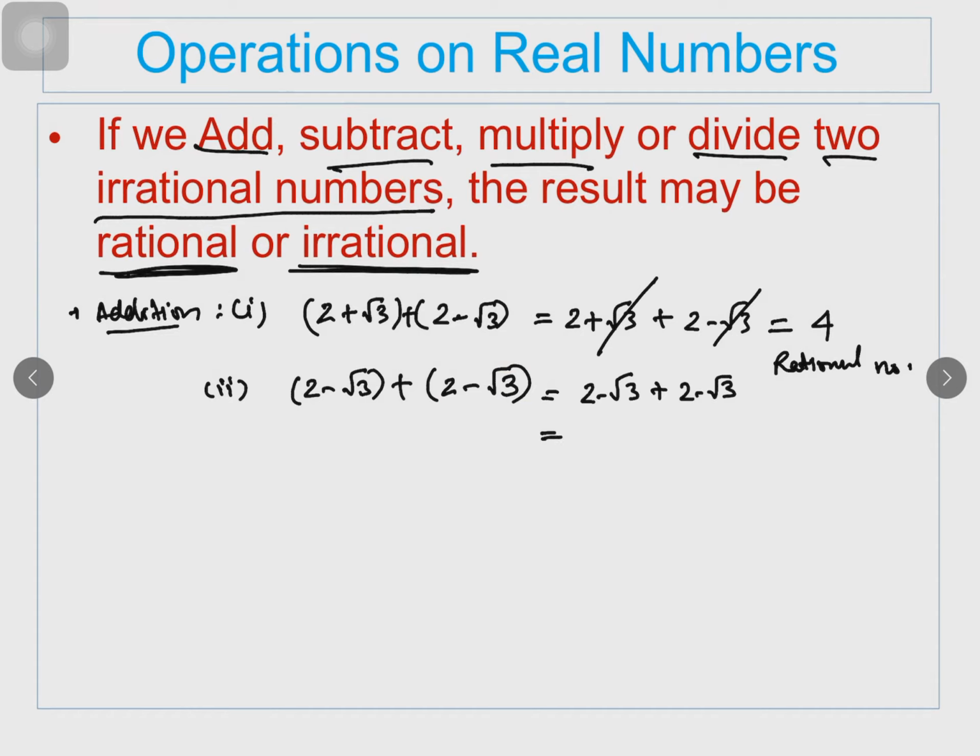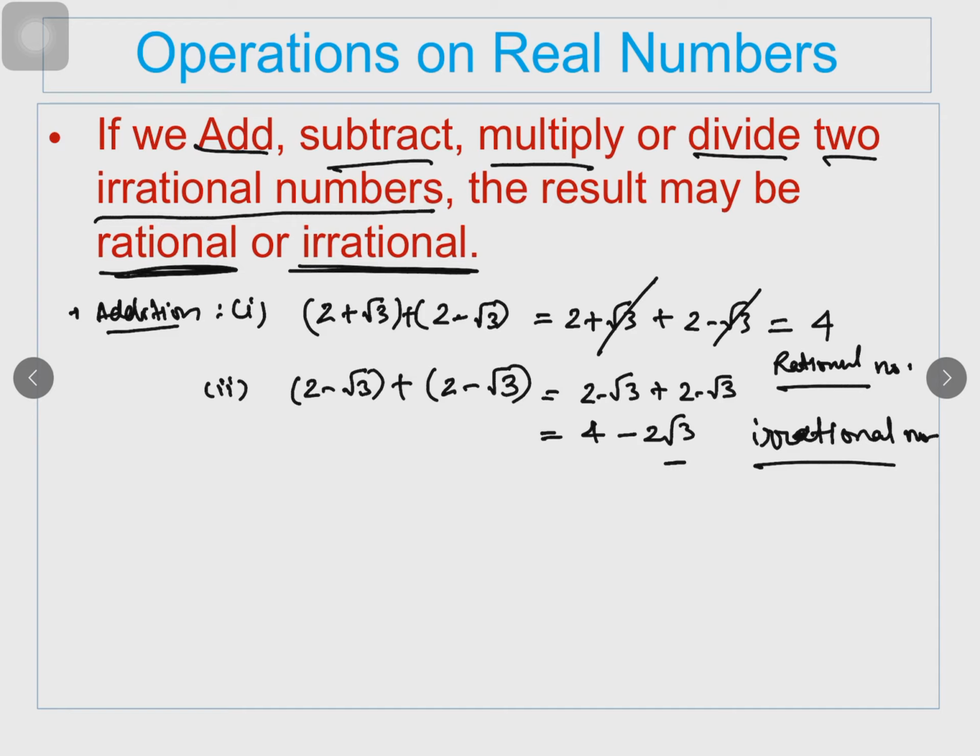That means 2 plus 2 will be 4, and minus root 3 minus root 3 will be minus 2 root 3. Now as we have a root value here, this will be an irrational number. So in the first example we are getting a rational number, in the second we are getting an irrational number for addition.